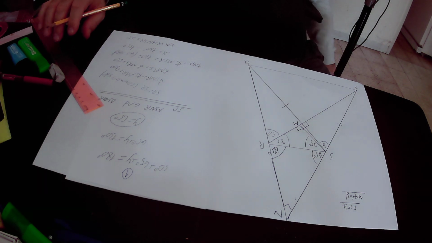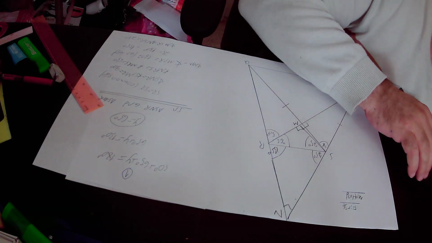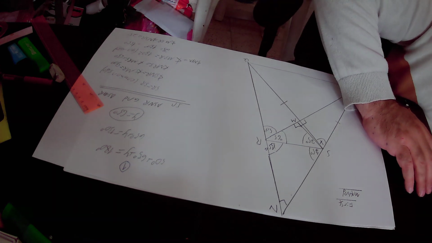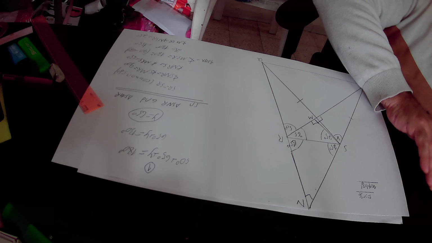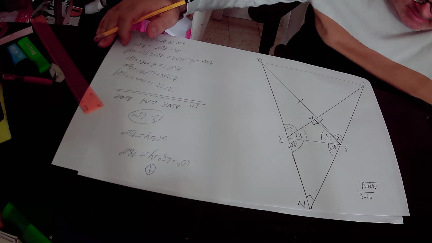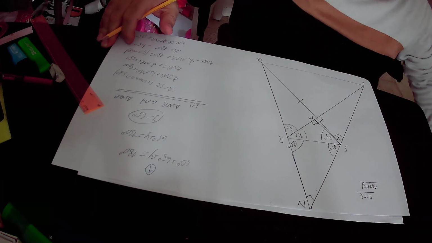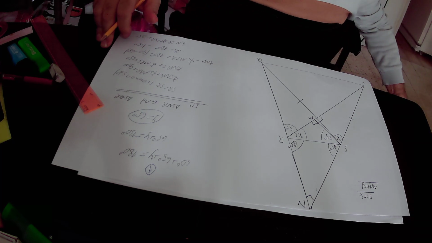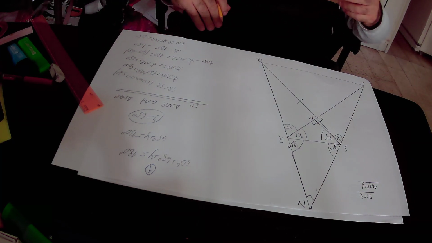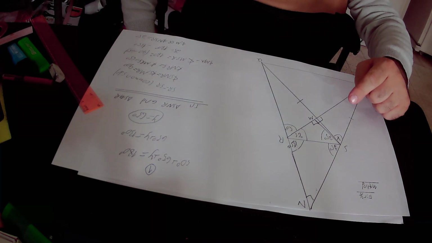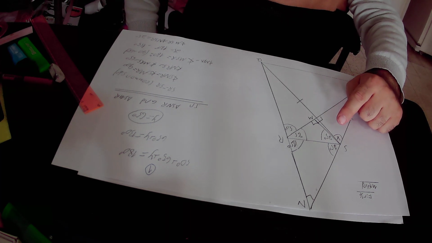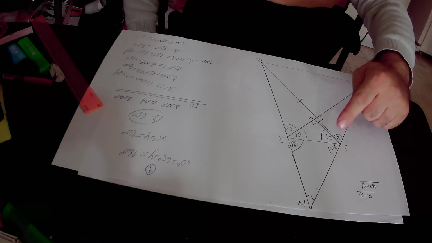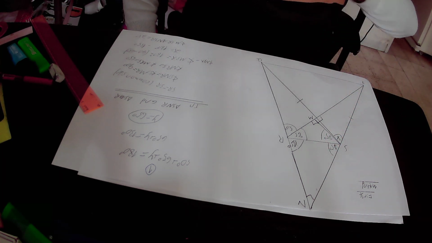Therefore, we proved that the right triangle SMR is congruent to the right triangle SNR according to the angle side angle rule.